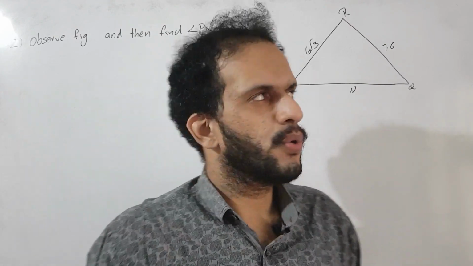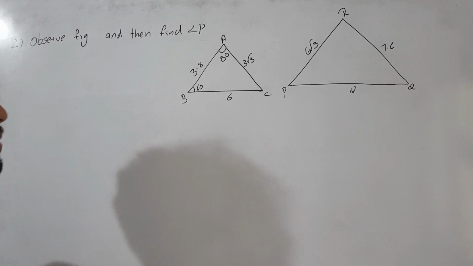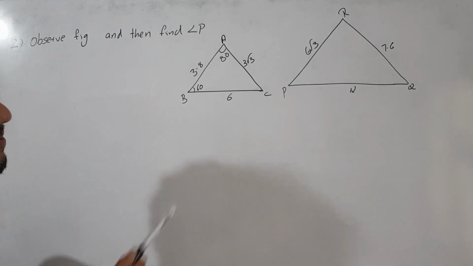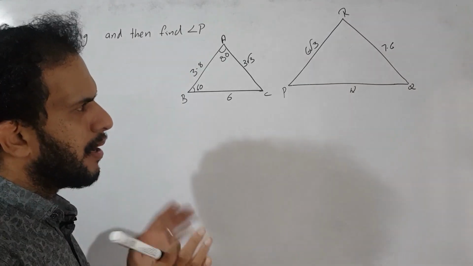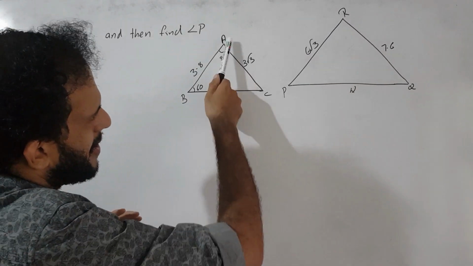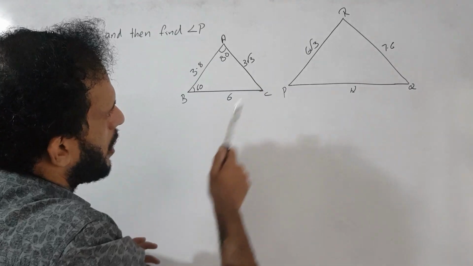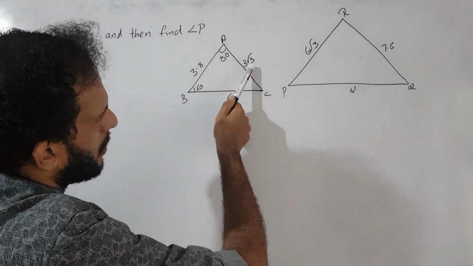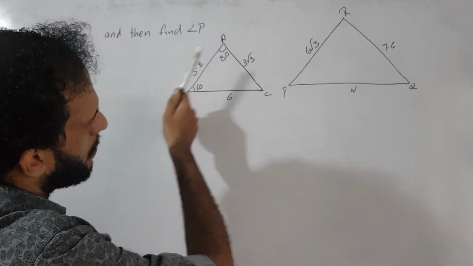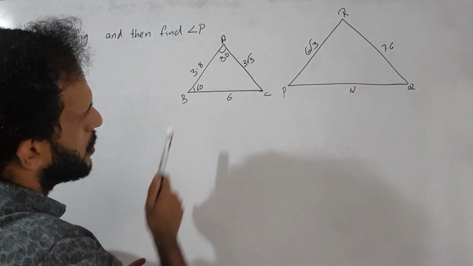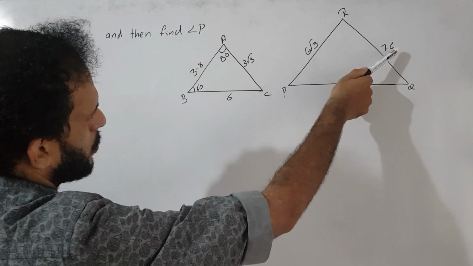Okay, so we are doing it like this. Then what are corresponding? The chance is AC is corresponding to PR. If they are similar, the only chance is AC corresponding to PR. Why? Because here is an irrational number, and this is also an irrational number. This one is a decimal number, so the decimal is corresponding to this decimal.